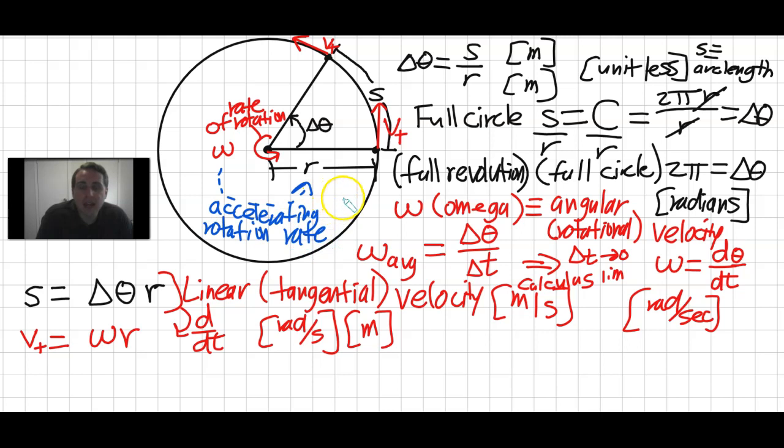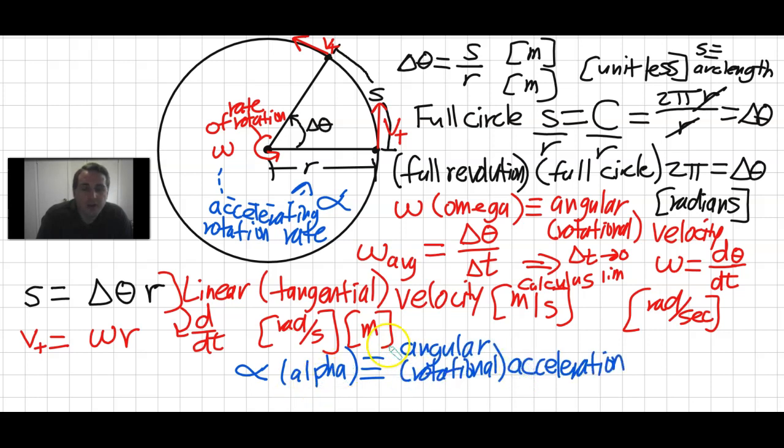Let's give that a letter, and let's call that alpha, the Greek letter alpha. That's going to be called either the angular or the rotational acceleration. So alpha, by analogy to these other definitions, is going to have units of radians per second squared.